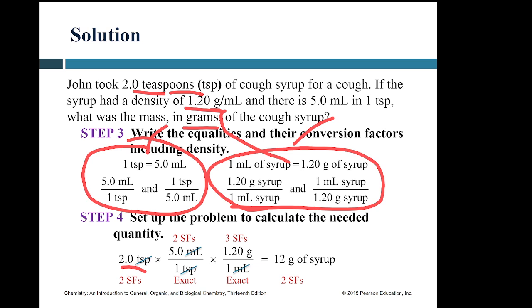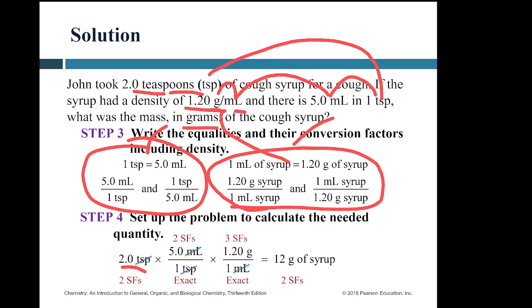No. So I need to get into milliliters first. I have a way of going from teaspoons to milliliters, and then I need to go from milliliters into grams. You see I'm just making myself a pathway. I'm now going to try to follow that pathway.